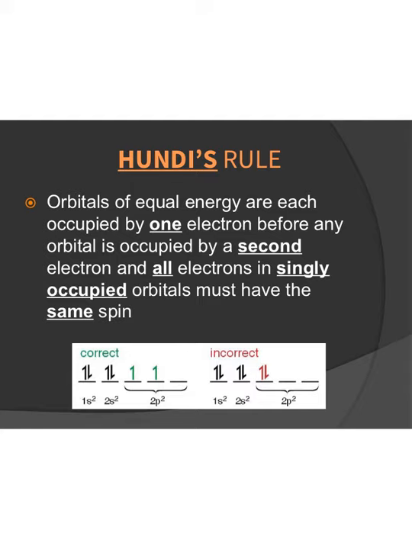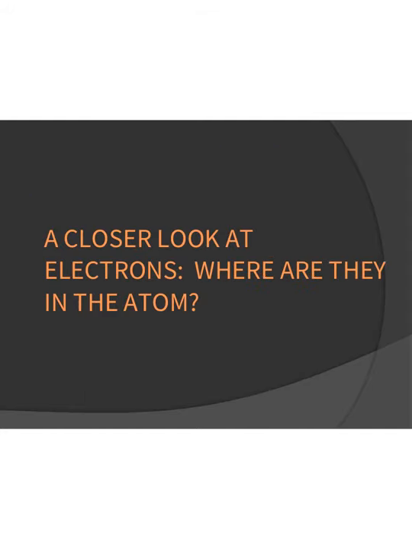So you have to have two per room or per apartment before you keep on going to the next energy level. So in this one right over here, it is incorrect due to the fact that we have these two that really don't have to be living together or be with one another, and they can have their own space. See, you have these two empty rooms here, so that's why this would be the correct answer.